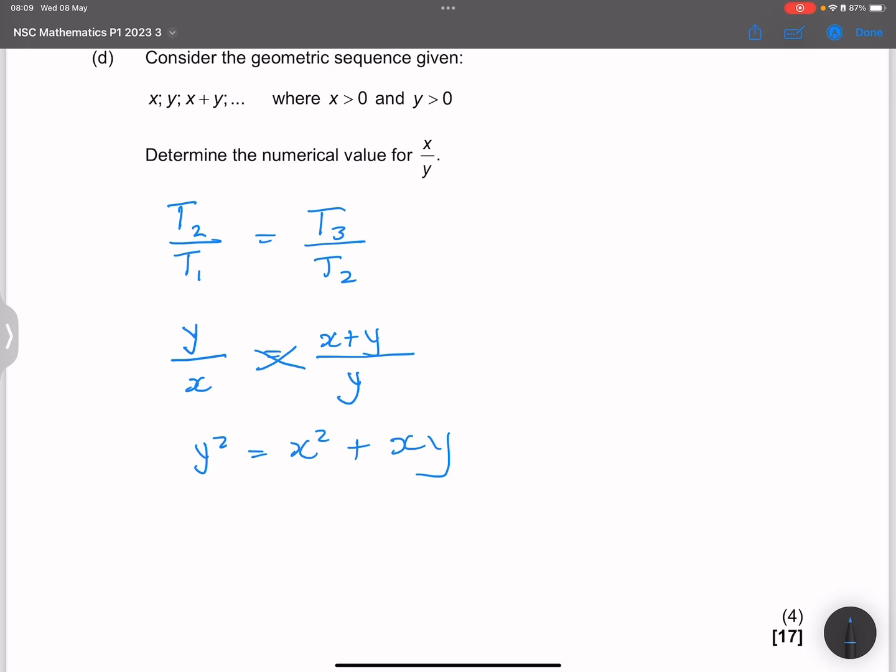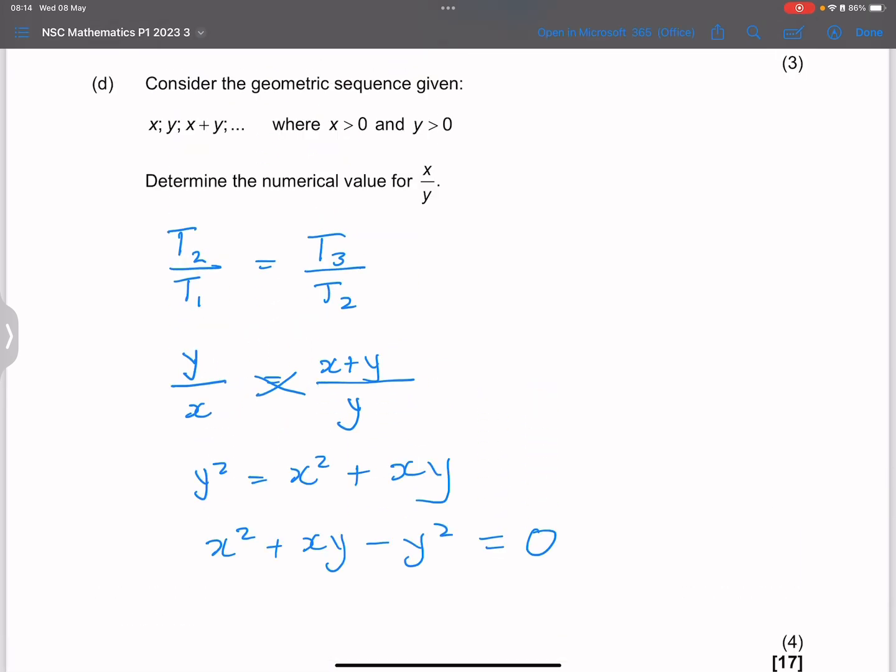So how can we write it in such a way that we've got x over y? In fact, let's write it as x squared plus xy minus y squared, and this is equal to 0.